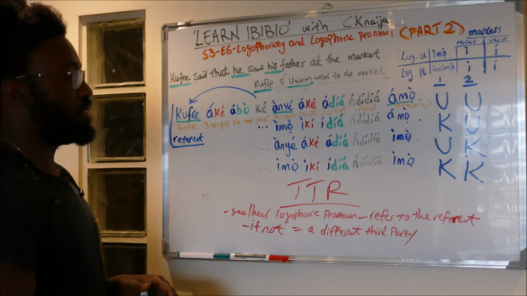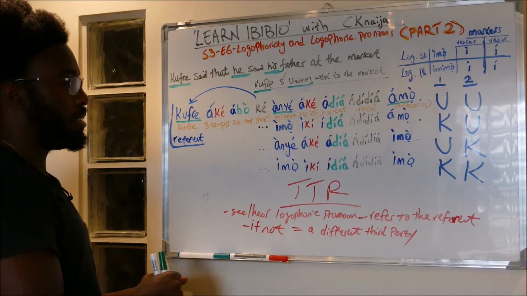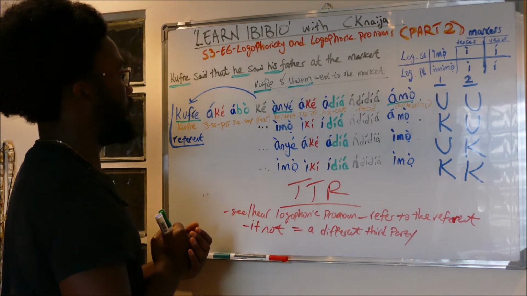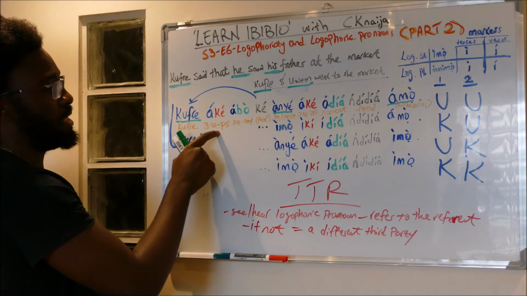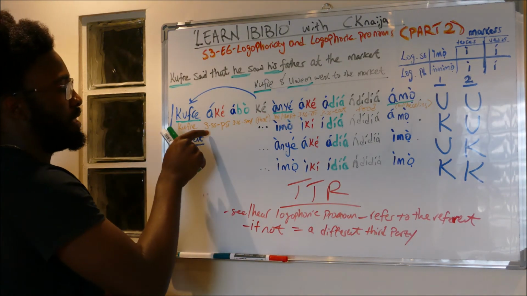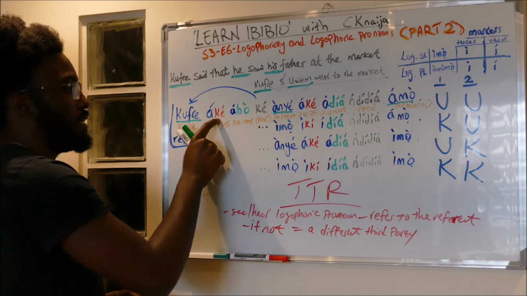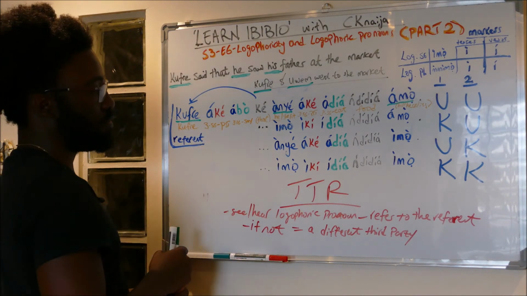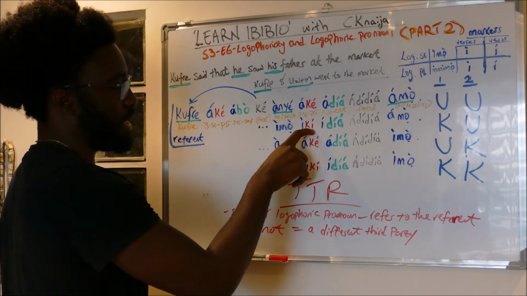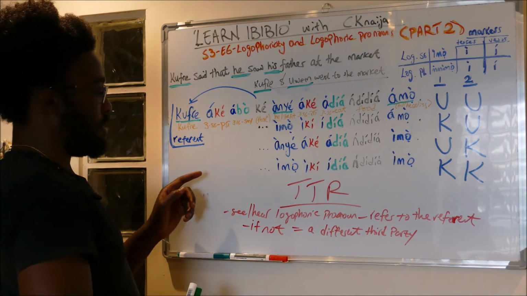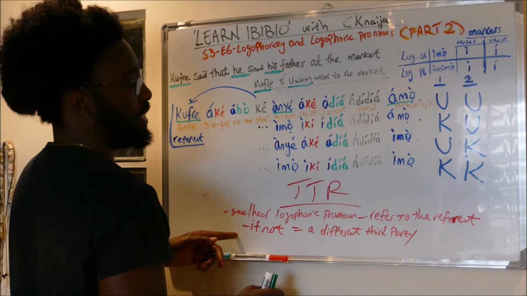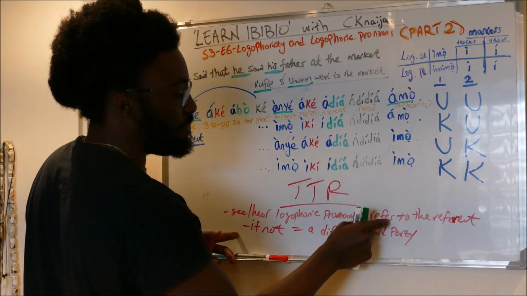Okay, so just for things to remember from this lesson, the first is that the past tense marker, if we have it for the third person singular, it's ke with a high tone. Once we introduce logophoric pronouns, it changes to an I. Another thing to remember is that once you see or hear logophoric pronouns or their representations, the first thing you do is refer back to the referent.